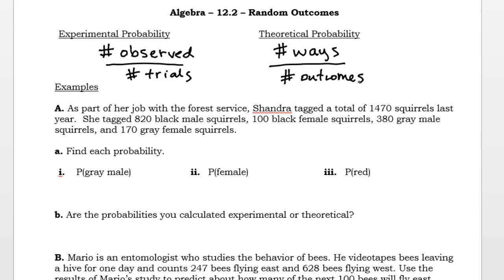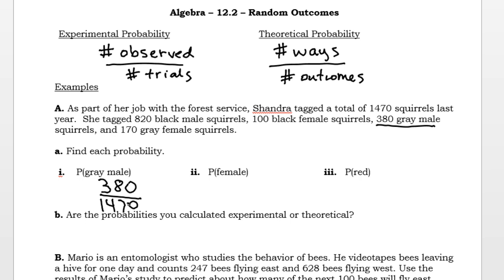So among all of these numbers, I see 380 gray male squirrels. So that is the number of ways to get a gray male squirrel out of the possible outcomes, or the number of squirrels. I'm just going to leave that as a fraction. You can reduce it or get a decimal, but I'm going to just leave it in that format.